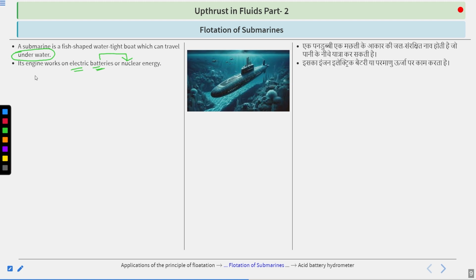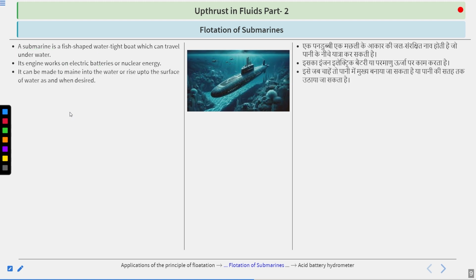For example, if an electric battery submarine can be inside the water for 3 months, the nuclear powered submarine can be inside the water for 6 months. So we can say the efficiency of a nuclear powered submarine is higher than electric battery submarines.